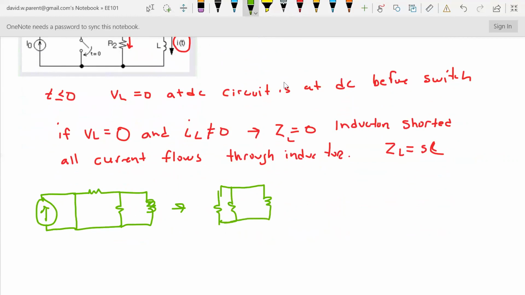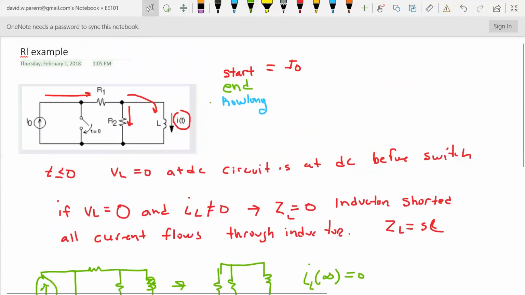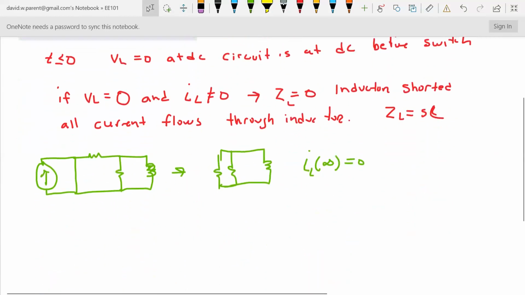Okay. Now I might have two resistors here, but whatever energy is stored in that inductor will dissipate to 0. So I infinity, or IL infinity, is going to equal 0. Now in the last problem, we then used that to say VR was equal to 0.